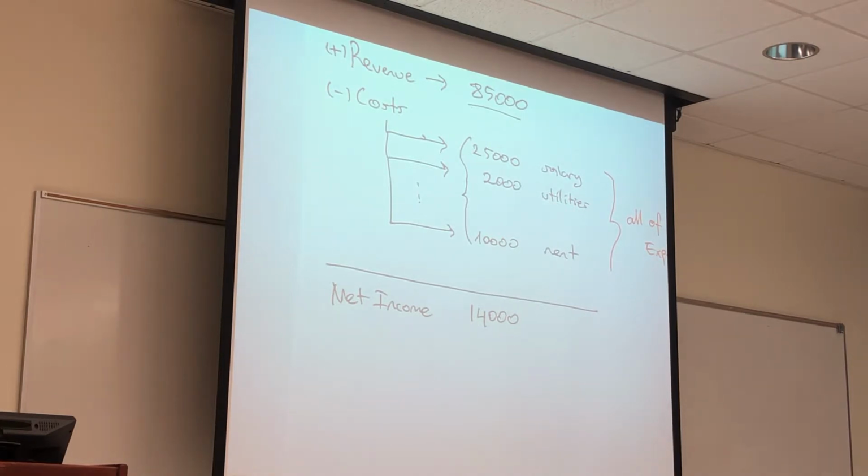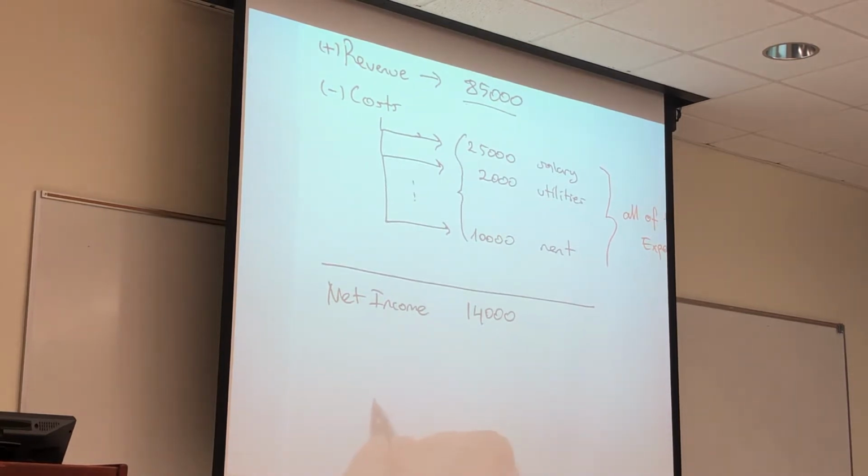What was next after that? We have taxes, with the tax rate given as 40%. So we just multiply 14,000 times 40% to get 5,600, right?